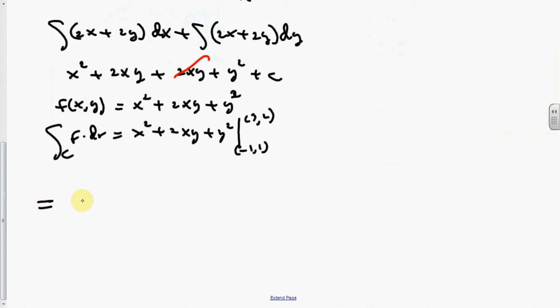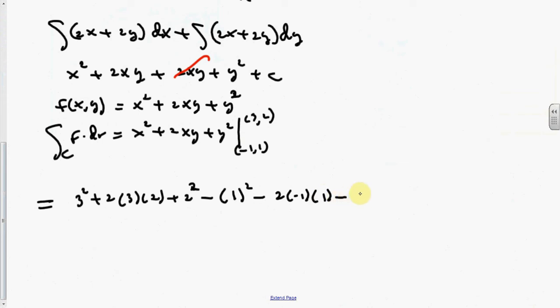So this is 3 squared plus 2 times 3 times 2 plus y squared, y is 2 to be squared. Then it's minus, at the point negative 1 and 1, so x is negative 1 to be squared minus 2 times negative 1 times 1 minus 1 to be squared.